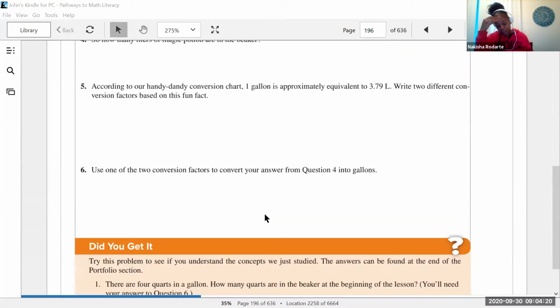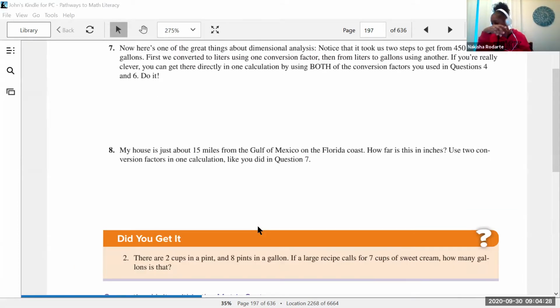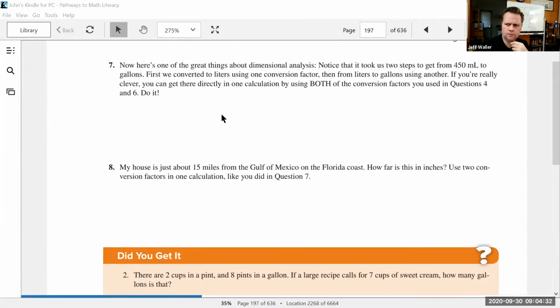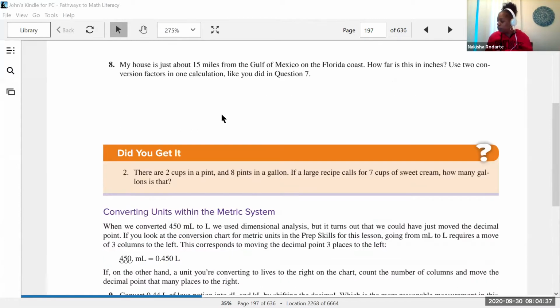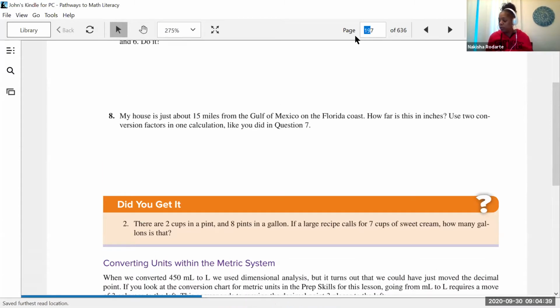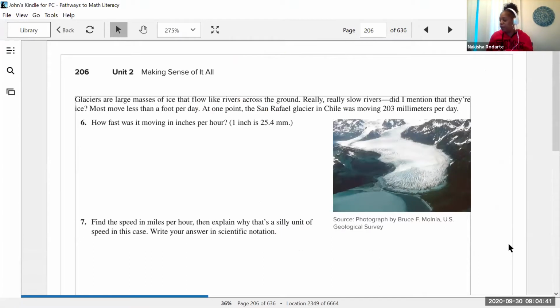My answer on the calculator. Where are we at? On number 7, what page? This one, the one about the gallons and stuff? No, homework, page number 7 and 2.4.